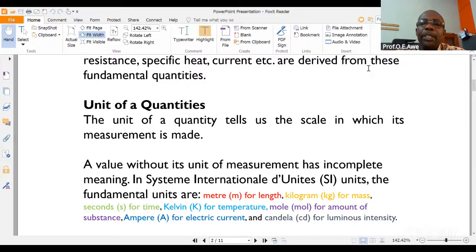The fundamental unit of mass is the kilogram. That of time is seconds. That of temperature is Kelvin. That of amount of substance is mole. The fundamental unit for electric current is ampere. That of luminous intensity is candela. So these are the basic units.